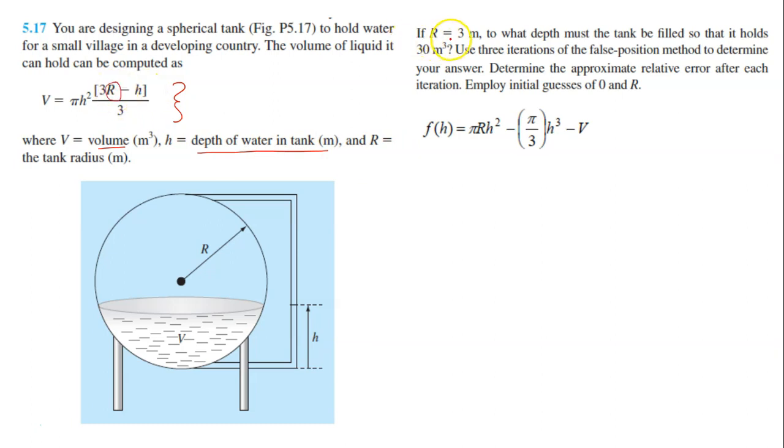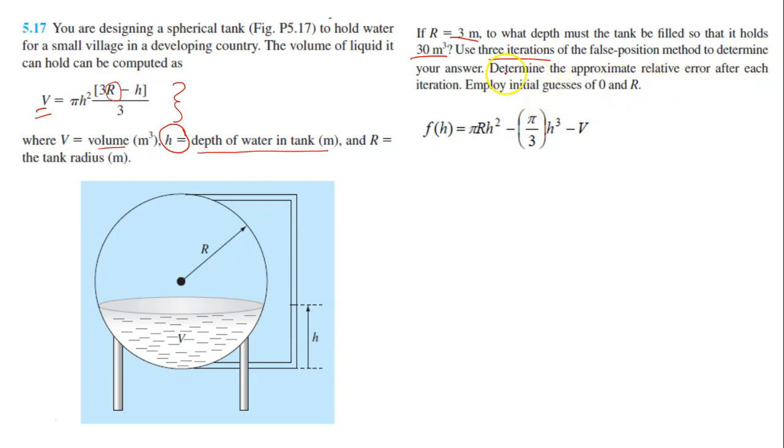So if R equals to 3 meter, to what depth, which is the H, must the tank be filled so that it holds 30 meter cube? So this one is V. Use 3 iterations, alright, only 3 iterations of false position to determine your answer. Determine the approximate relative error after each iteration.